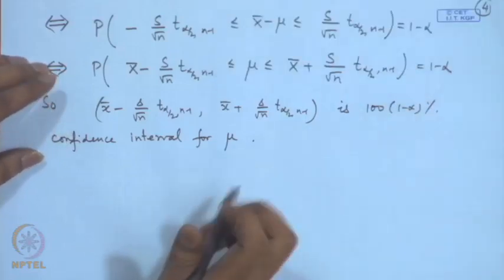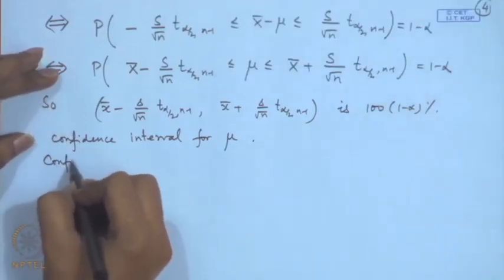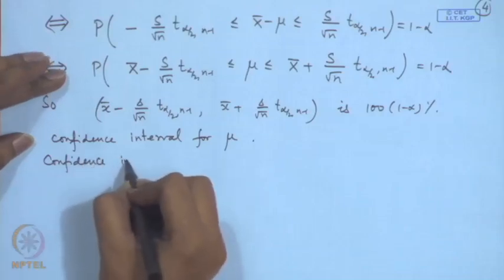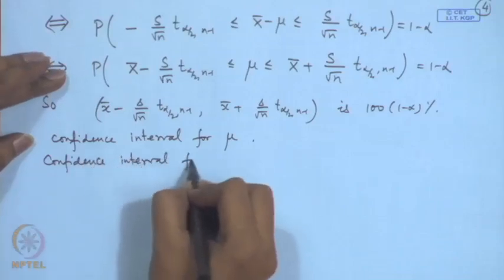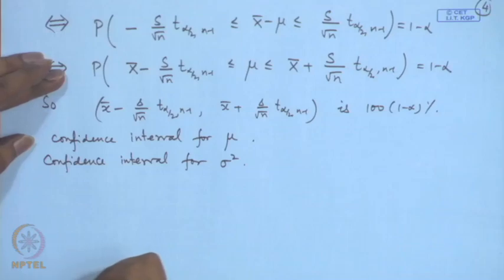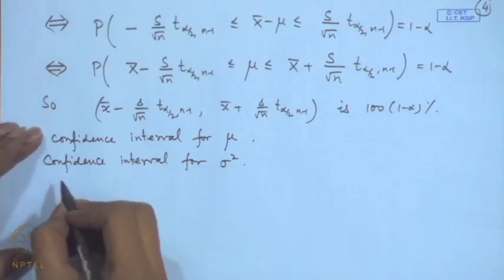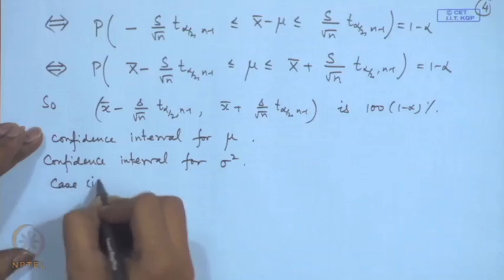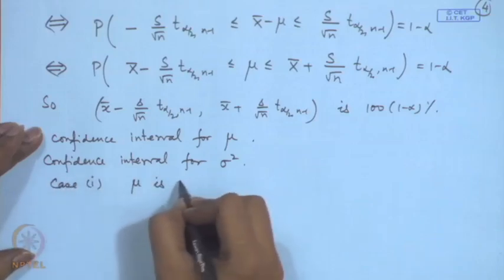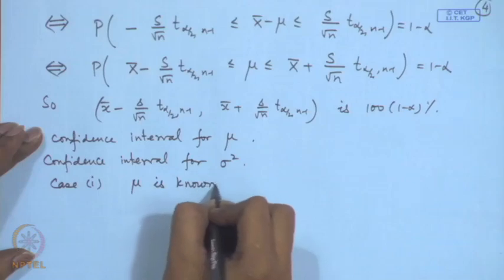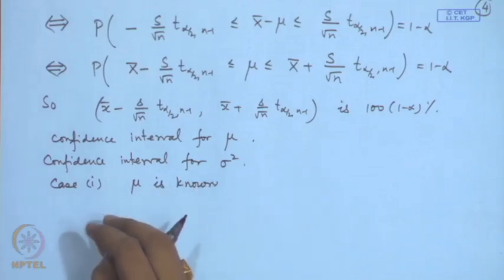Let us consider confidence interval for sigma square. Now, in order to find out the confidence interval for sigma square, again we may have two cases. Mu is known. Now, if mu is known in the normal mu, sigma square distribution, in that case the sufficient statistic turns out to be sigma x i minus mu square.